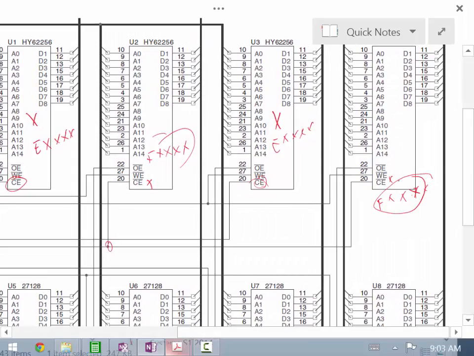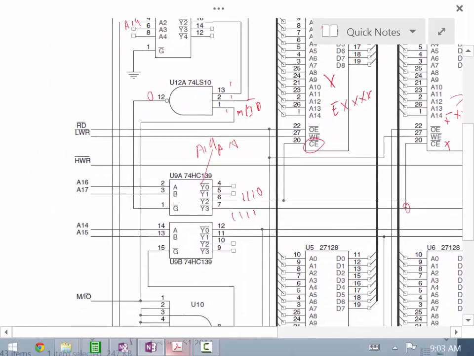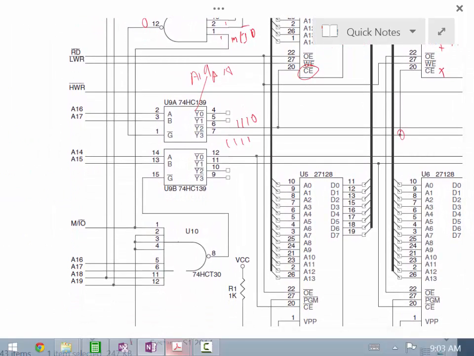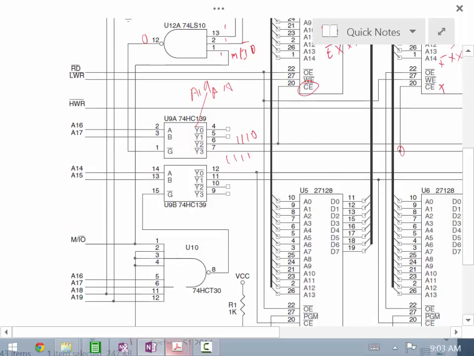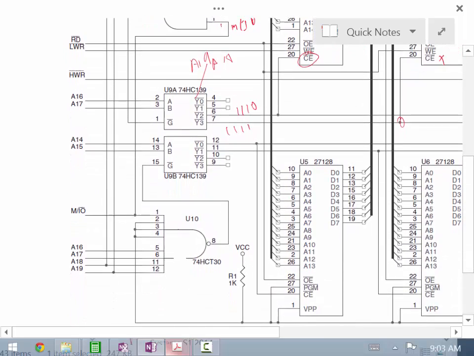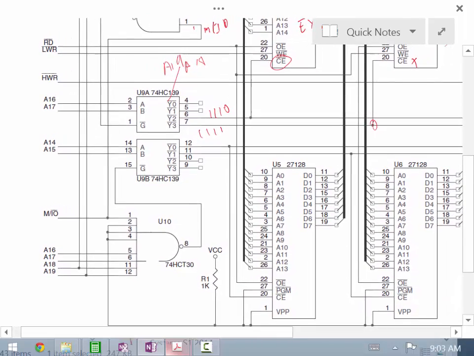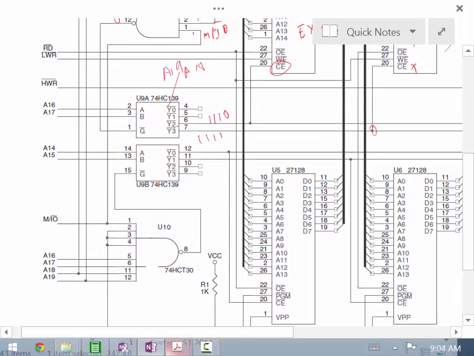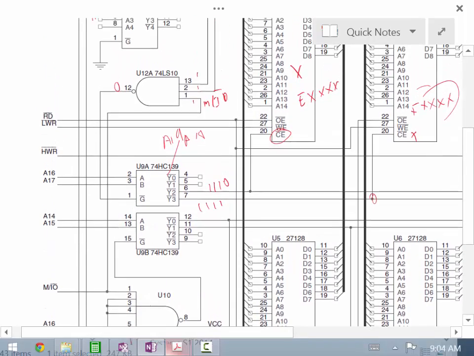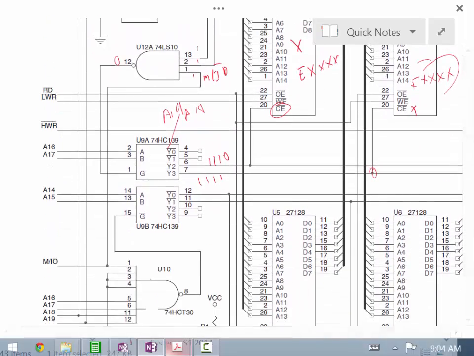Now, we have not looked at A15. It's tied to this one here. But A15 is only selected when these are all high as well. This is coming through here, and this is only looking at A18 and A19.